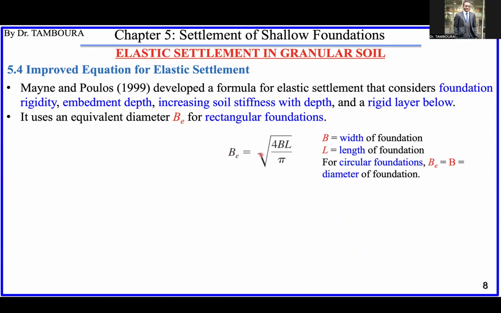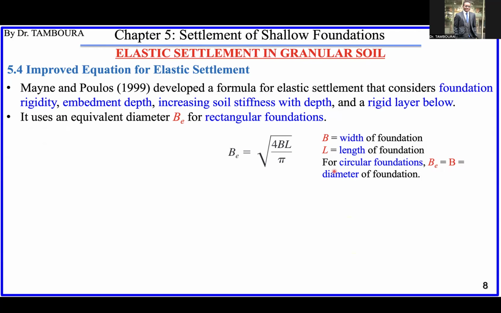Okay, so what is B? B is normally the width of the foundation, L is the length. So you already know if you are dealing with a square footing, B and L are the same. Okay, for a circular foundation, you don't need B equivalent. For B, you just use the diameter of the foundation.